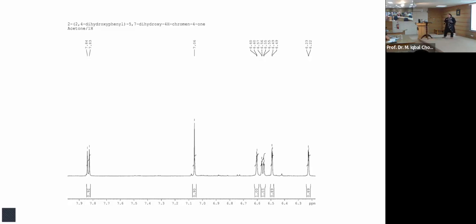So we need to know the coupling constant. To calculate the coupling constant, we subtract these two values, and whatever value comes will be in ppm. That's very small, so we need to multiply with the frequency of the spectrometer. Then we get the answer in hertz, right? Do it in your notebook.